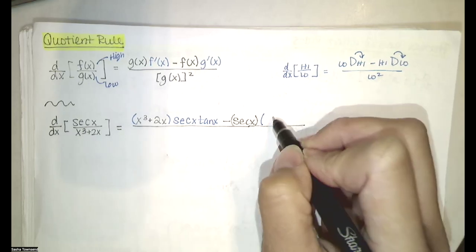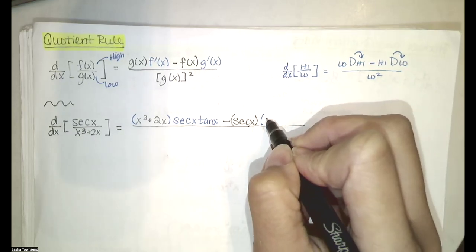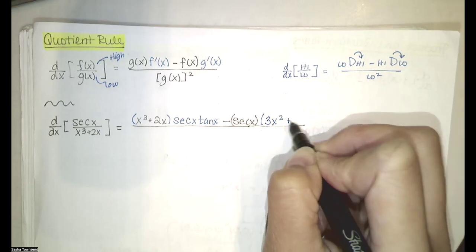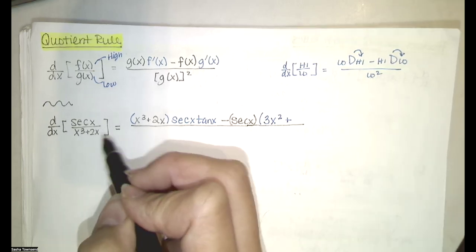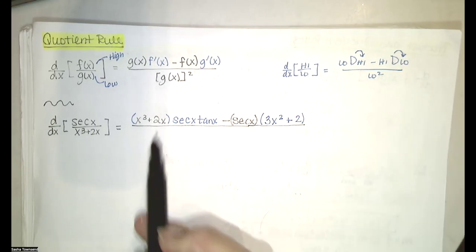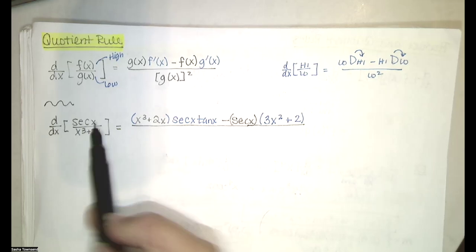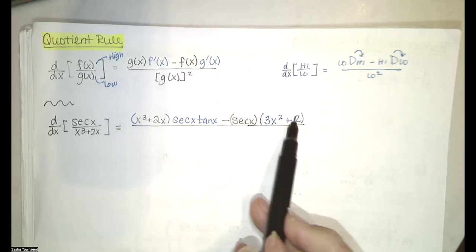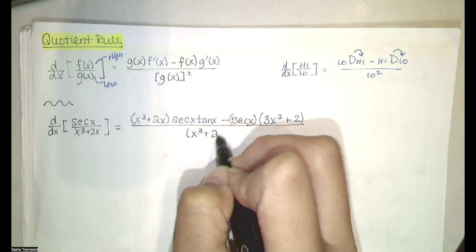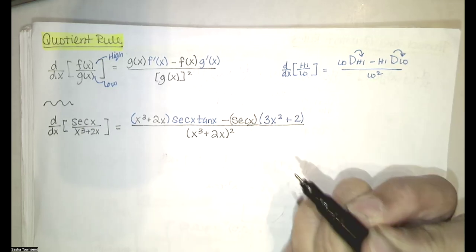The derivative of x cubed can be found using the power rule: you bring the power down and multiply by x to one less power. And then you add the derivative of 2x. The derivative of a constant times x is just the constant. So that's low d high minus high d low, all divided by low low. And that's our derivative.